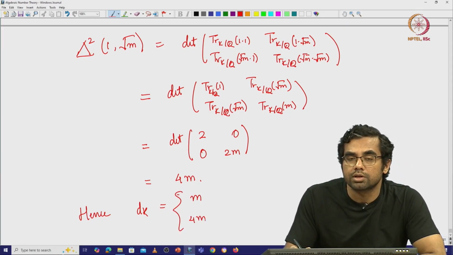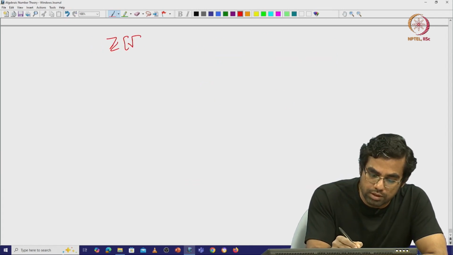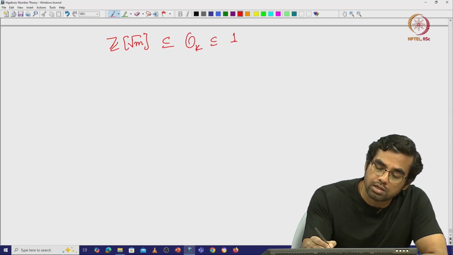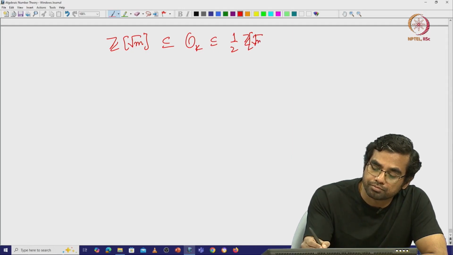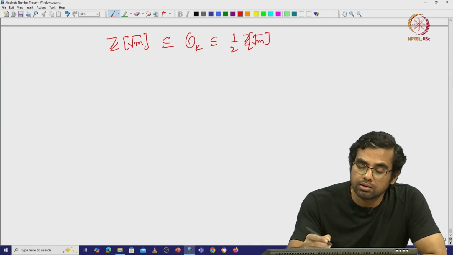We do not know which one it is. We know that Z[square root of m] is contained in OK, is contained in (1/2)Z[square root of m].